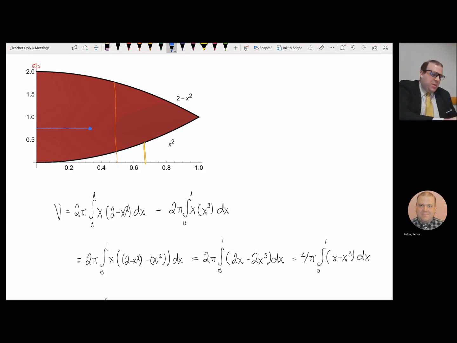Because if this was just some arbitrary point, how would you find that distance? It's whatever x equals. This is the shell method, so that x is always going to be there. As long as your axis of revolution is the y-axis, it will always be x. If it's not, then you have to adjust that radius just like we did with the disk method. And I do have an example of that.